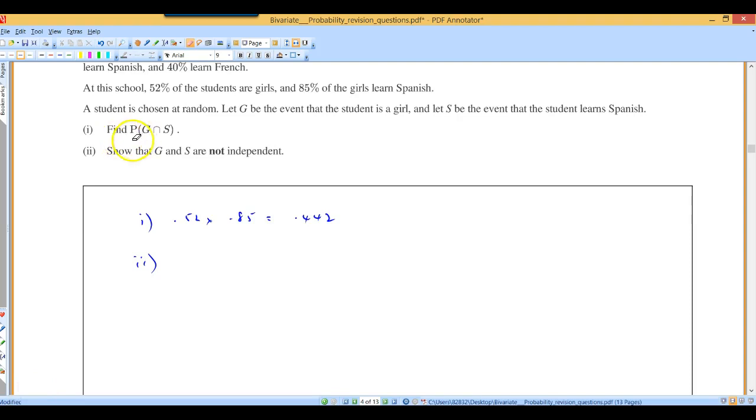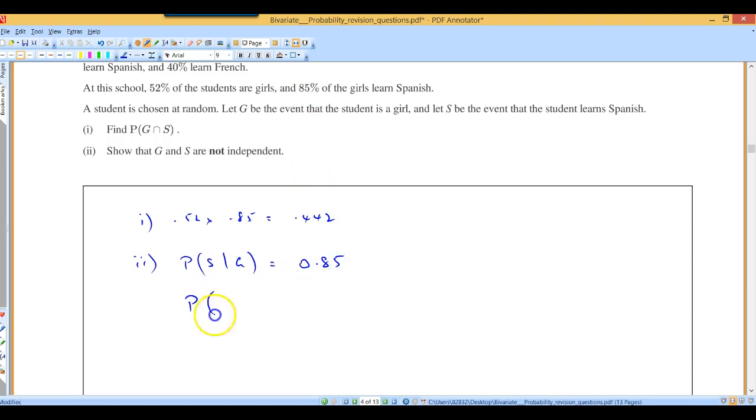So in part 1, we're asked to find the probability of G intersection S. So we multiply 0.52 by 0.85 to get 0.442. So show that G and S are not independent. I think the way to go here is to show that the probability a student does Spanish given that they're a girl is equal to 0.85.